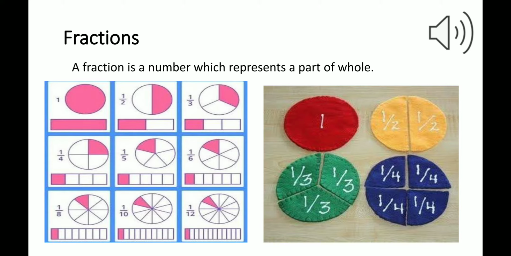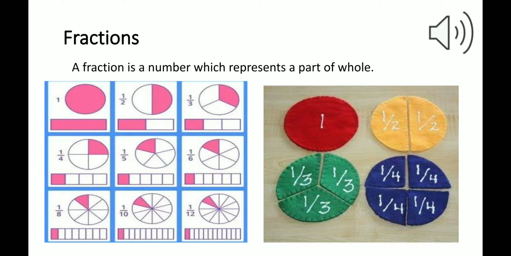One is white in color and one is pink in color. Both are equal divisions of the same circle. So if I have to talk about the colored part, what will I say? It is 1 part out of 2. So 1 part out of 2, that means 1 upon 2, and that is a fraction.